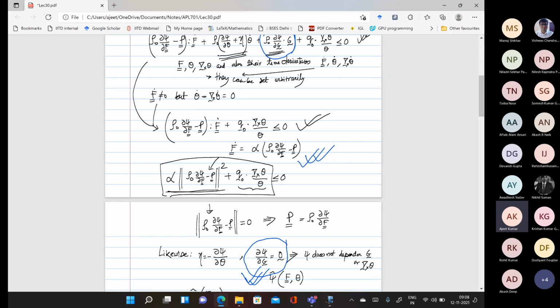By choosing F dot equal to this, you got this, and this will then hold. Similarly, you can choose F dot to be something else, and if you can derive something else, that is also going to hold all the time. So we can choose other combinations and derive other expressions, if possible, yes, of course.